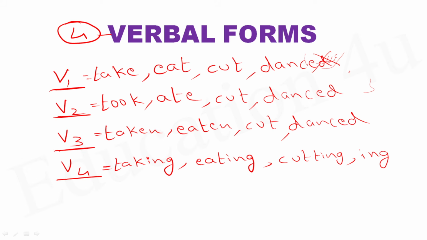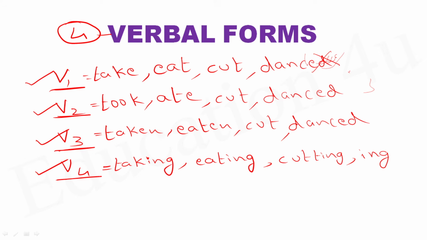No, sir, I don't want to learn in this V1, V2, V3, V4 format. I want to use grammar terms. You're welcome. I'll also try to tell you grammar terms if you want. What is V1? V1 is also known as present participle. V2 is known as past form. V3 is known as past participle.